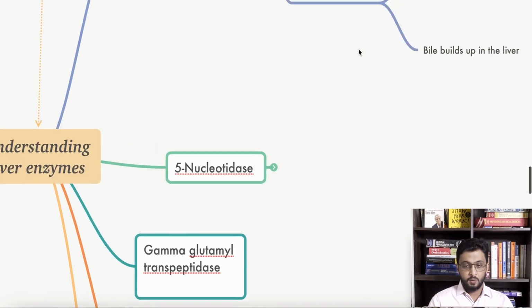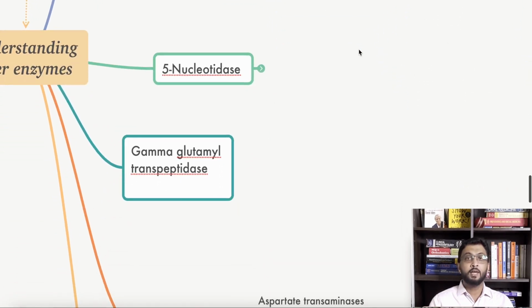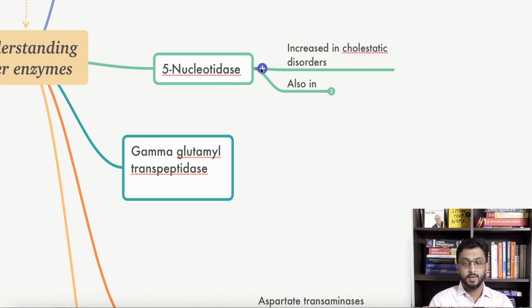Now another enzyme is 5 nucleotidase. Again, it's increased in cholestatic liver diseases, like we told. It's also seen in liver injuries. Basically, if there is obstruction or cholestatic liver disease, the hepatocytes get damaged, and damaged liver cells synthesize 5 nucleotidase.